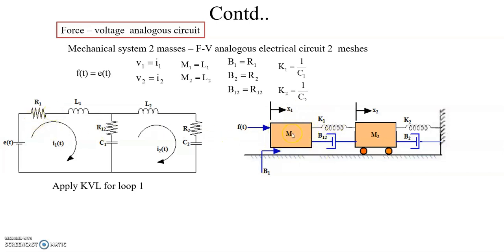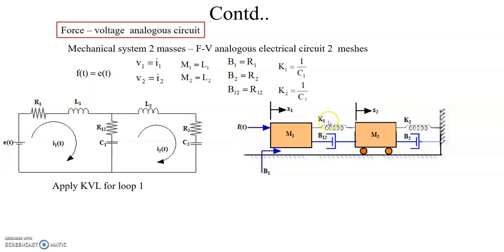You can refer to the table: M1 is L1, B1 is R1, B12 is R12, K1 is 1 by C1.